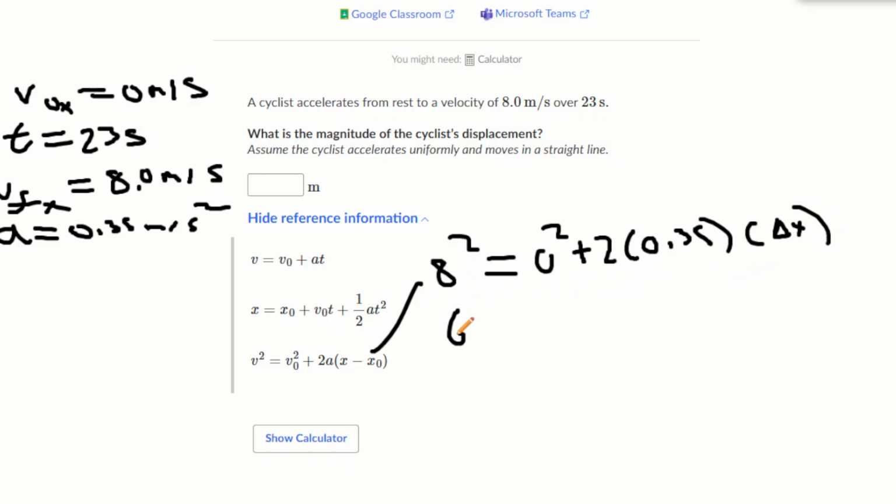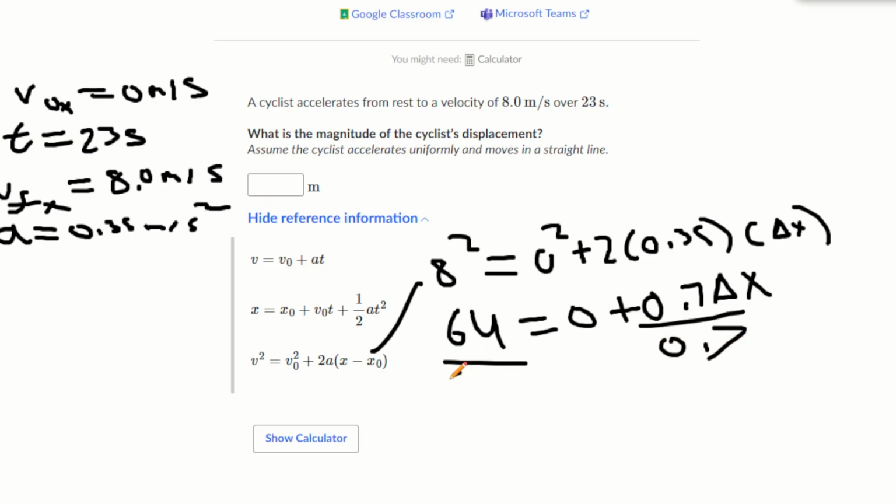So 8 squared is 64, equal to 0 plus 0.35 times 2, which is 0.7, times delta x. Divide by 0.7: 64 divided by 0.7 would be 91.43 meters as our delta x.